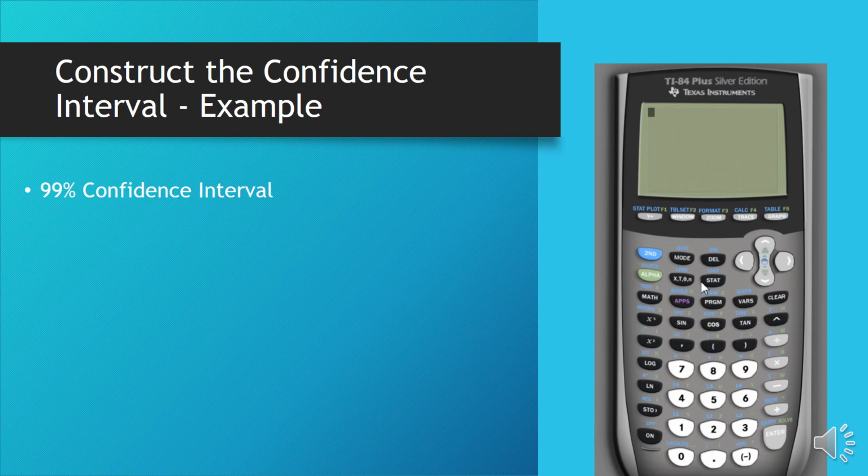My list is currently empty. Now I'm going to type in all of my data points. You want to be very careful and make sure that you plug these all in correctly. If you mess up on even one of these, even in the slightest bit, it's going to throw your answer off. So always double check after you've typed everything in.